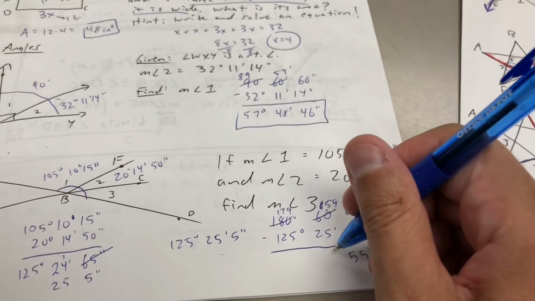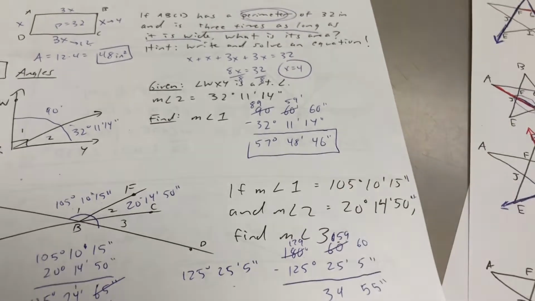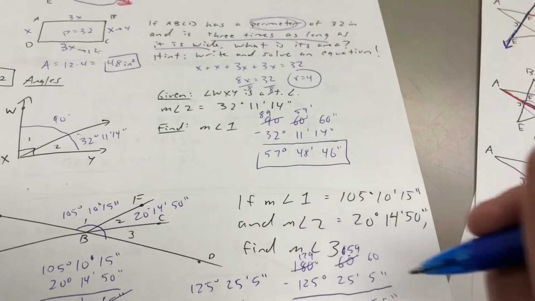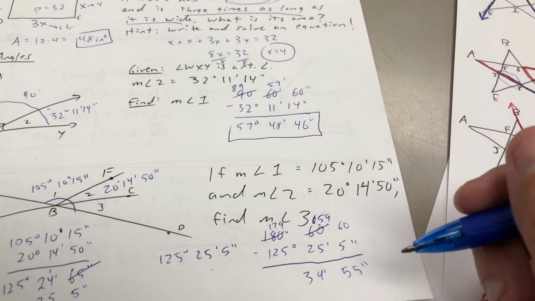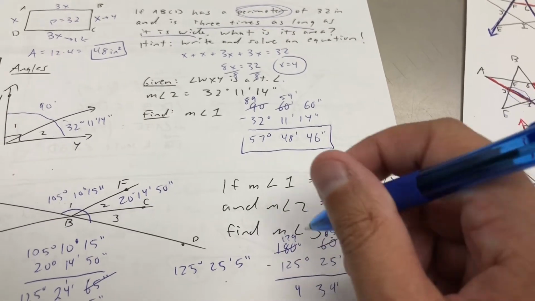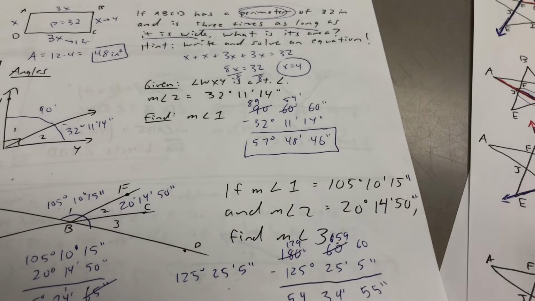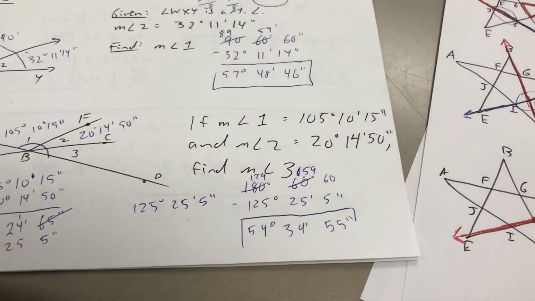And 59 minus 25 is 34, I think. And then 179 minus 125. Let's see, that would be 54 degrees, I think. 34 minutes and 55 seconds.